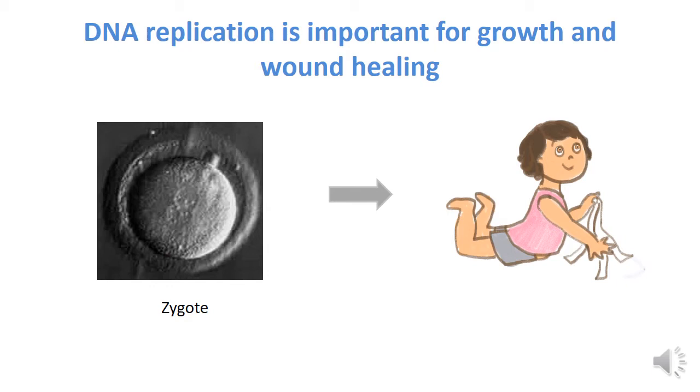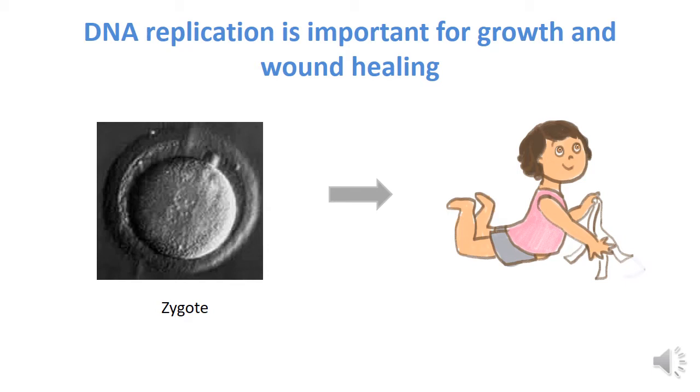But even a small child will have several billions of cells in its body. And if we compare the genetic makeup of her cells with the genetic makeup of the zygote from which she was developed, it will be identical. That's because DNA has replicated before each and every cell division and has transmitted it to the next generation of cells.